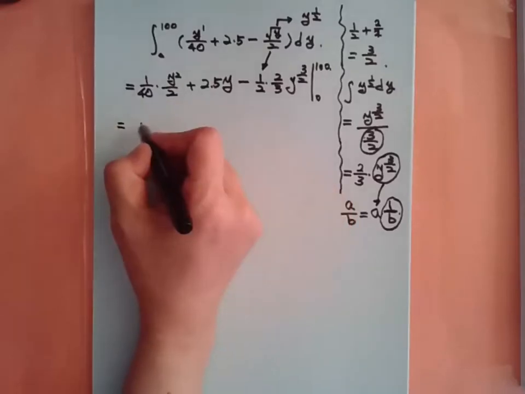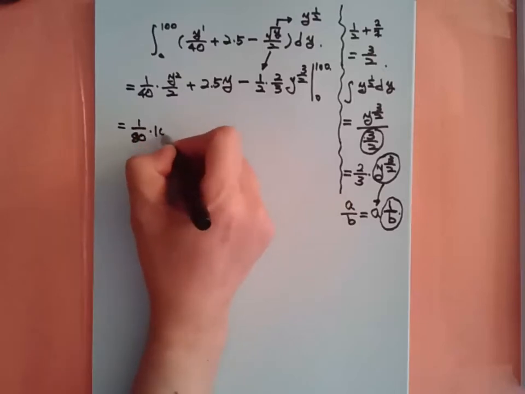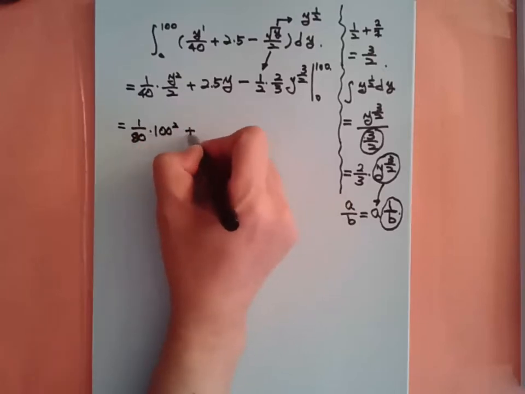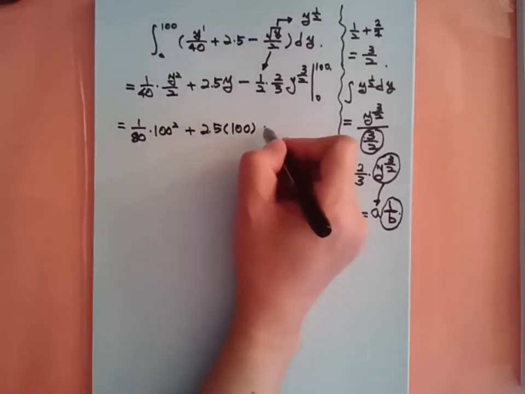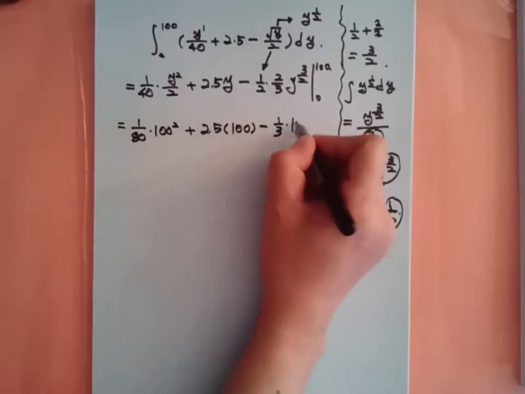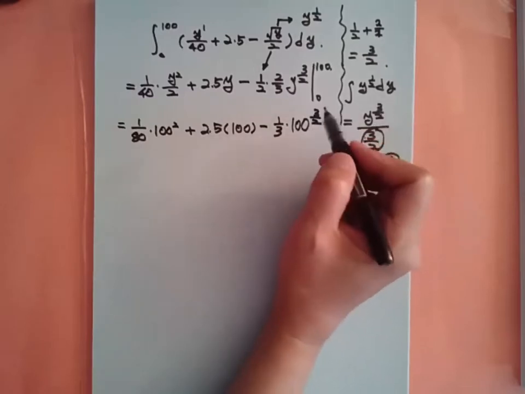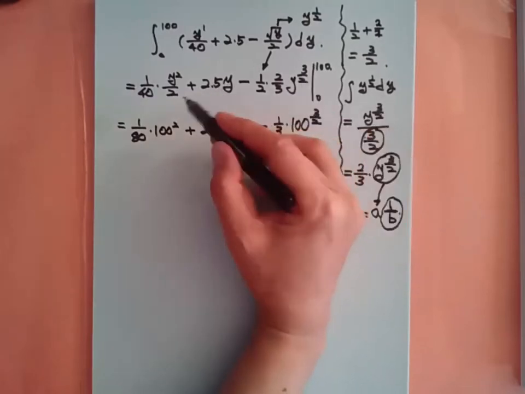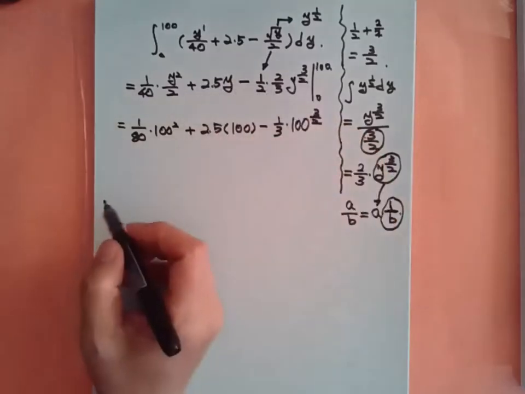Let's evaluate. Then it is 1 over 80 times 100 squared plus 2.5 times 100 minus 1 over 3 times 100 to the 3 over 2 power. And then minus, if you plug in 0 here, then all the terms will vanish, and so we don't have to go further.